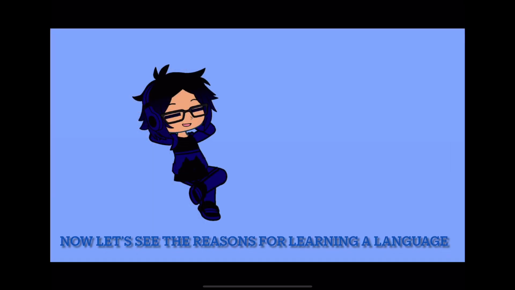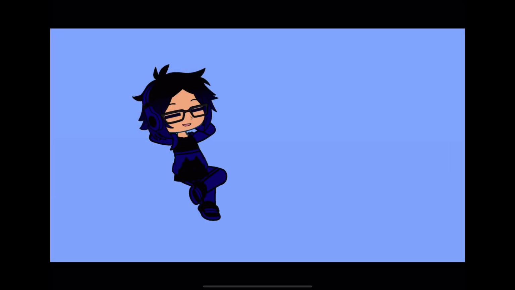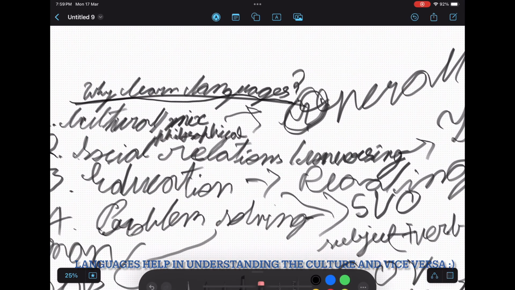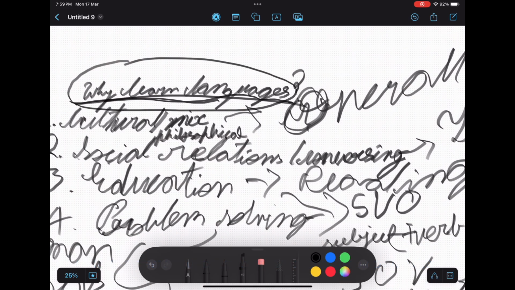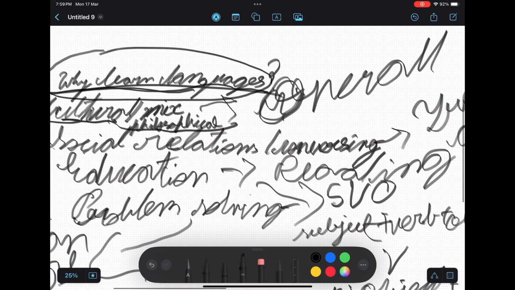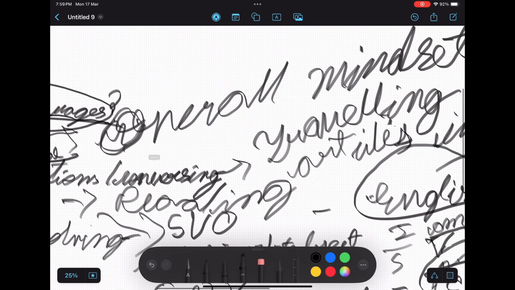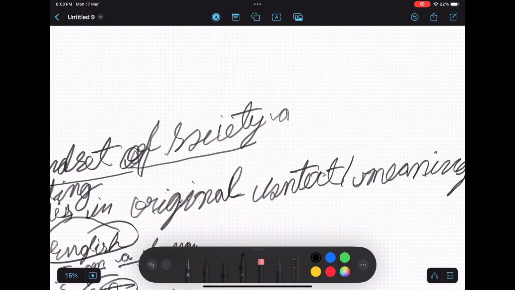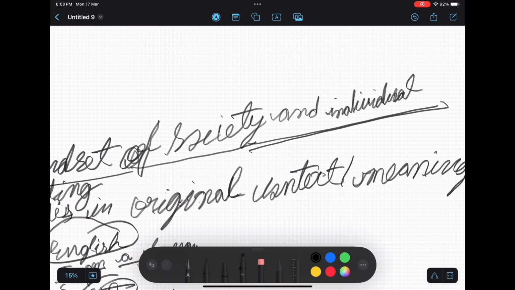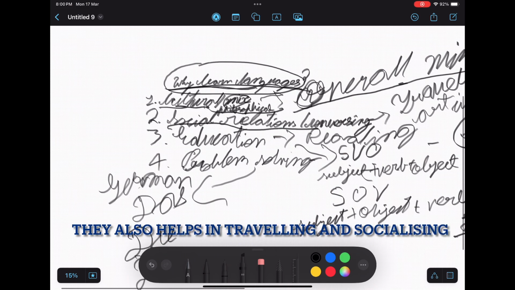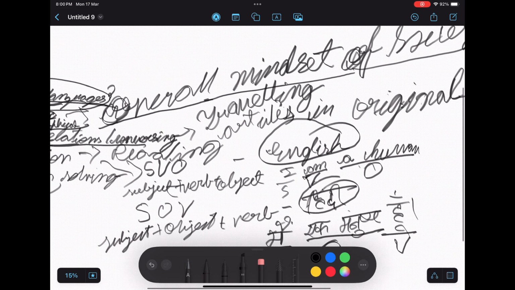Now let's see the reasons for learning a language. Languages help in understanding the culture and vice versa. They also help in traveling and socializing.